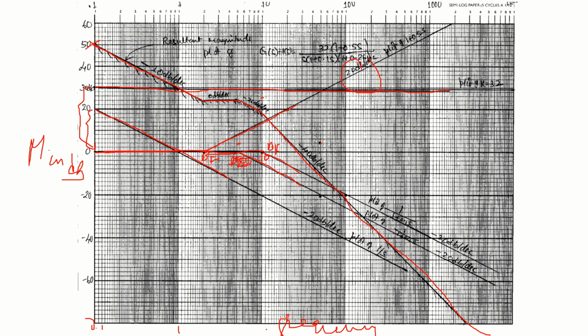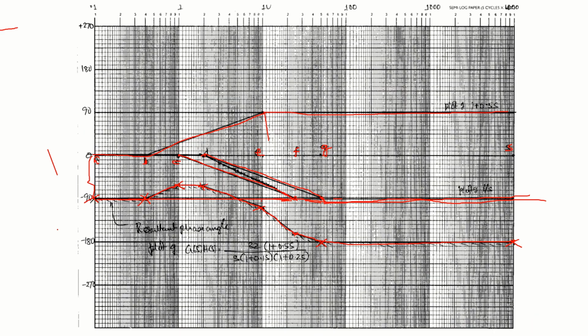And you write 0.1, 1, 10, 100, 1000, 10,000. Here you write phase angle in degrees versus frequency, 0.1, 1, 10, 100, 1000, 10,000.